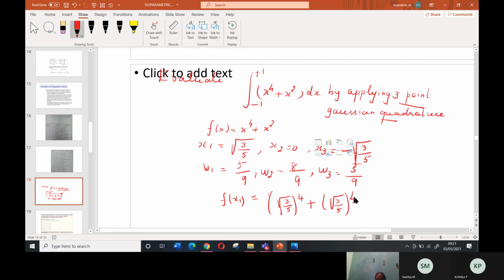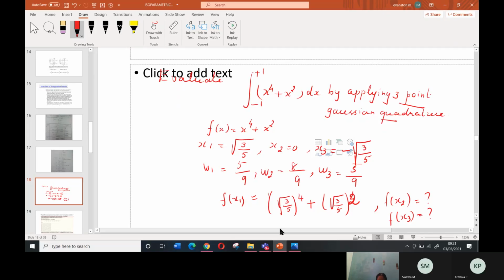Oh, sorry, this is 2. This is the value of f of x1. So the weighting function is equal to this one. Similarly, you have to find out f of x2 and f of x3. You have to find out what f of x2 is equal to, and what f of x3 is equal to.